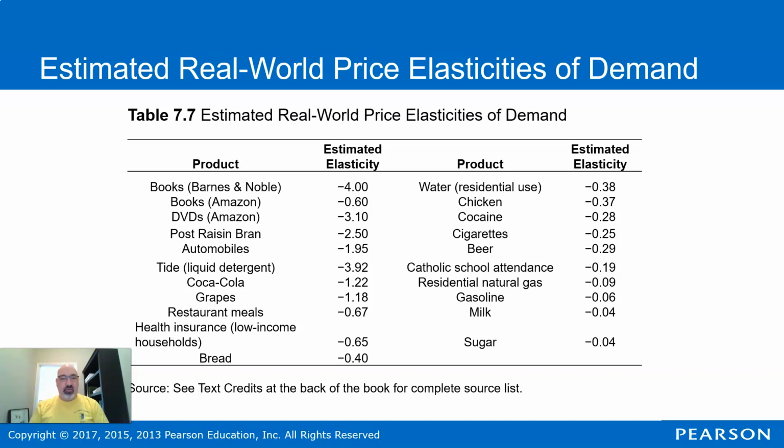Post Raisin Bran is 2.5. I'll explain that in a second. The idea there is it's a single brand. I'll just explain it now. It's a single brand, so the more narrowly defined a good is, the more elastic it is. It's like saying Post Raisin Bran versus breakfast cereals versus breakfast. If you said you could only eat Post Raisin Bran, that's one thing.